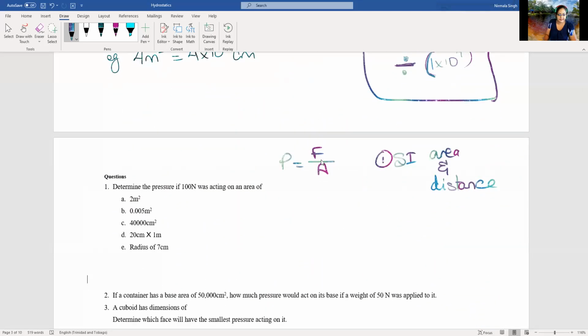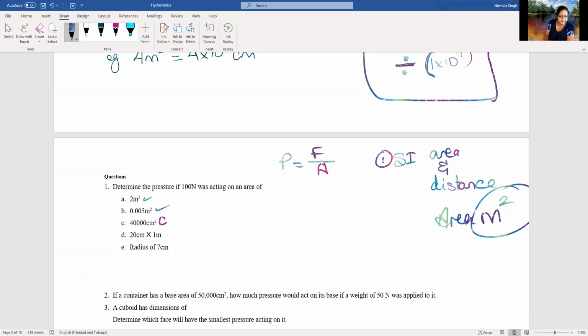All right, so let's just look at this. You must have your area in meters square. So if it's not in meters square, you need to convert it. So A is fine, B is fine, C is centimeter square. That centimeter square is not meter square, so we are going to have to convert this.